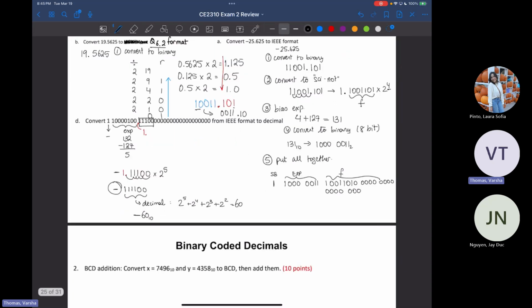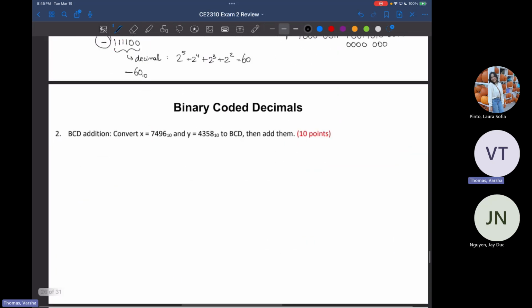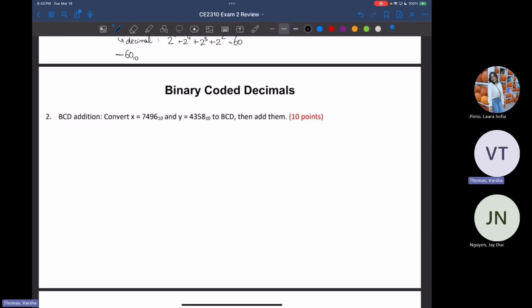Okay. Questions? Okay, fabulous. Let's go into binary coded decimals then. This may seem a little tricky, but the important thing to remember is you convert each digit to its binary representation, not each two.